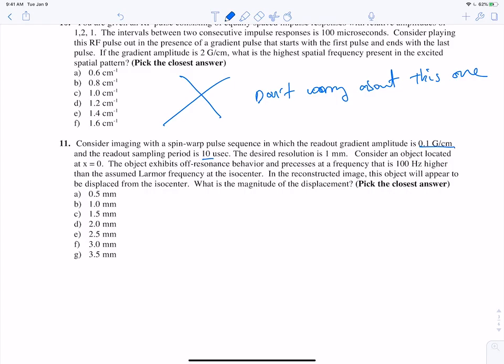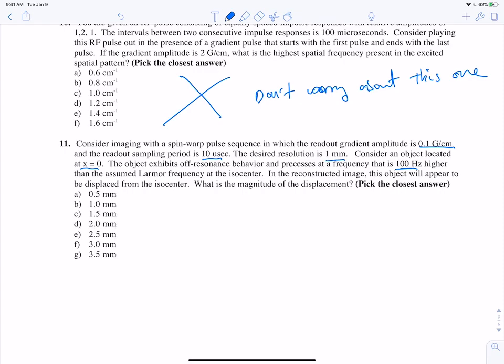The sampling period is 10 microseconds. Desired resolution is 1 millimeter. You have an object at F equals 0. But this object is off resonance, which means it's already precessing at 100 hertz. Okay. So if it's at isocenter, no matter what gradient you apply, there's no added field, so it shouldn't have additional precession. Okay.